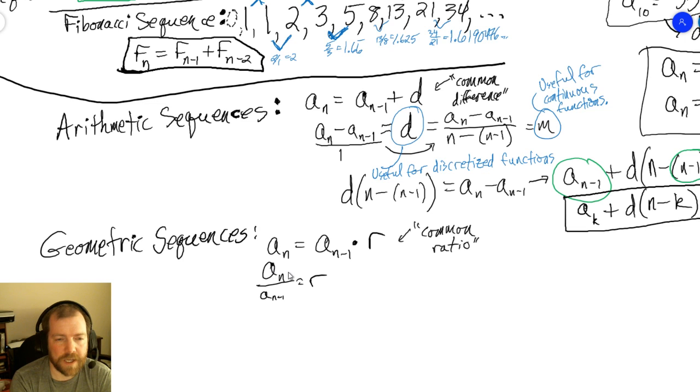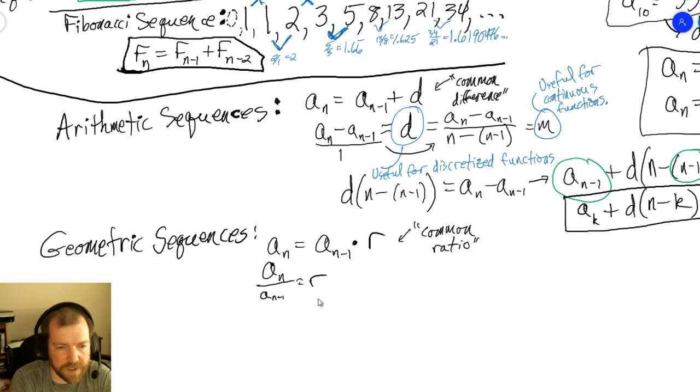Again, it doesn't have to be the next one over. It can be further ones on. But every time you get an a value at the bottom that is further away, you have to multiply by more r's to get to a sub n.